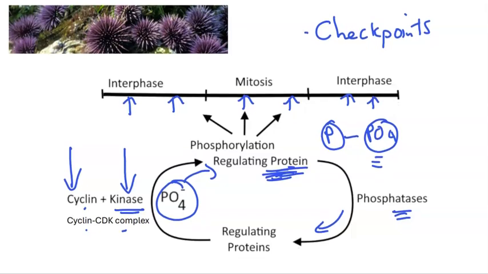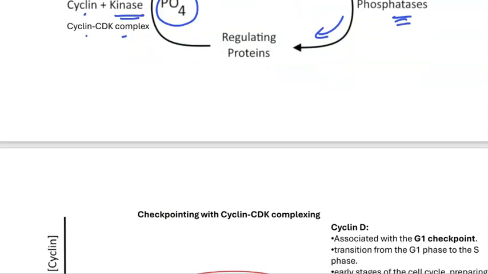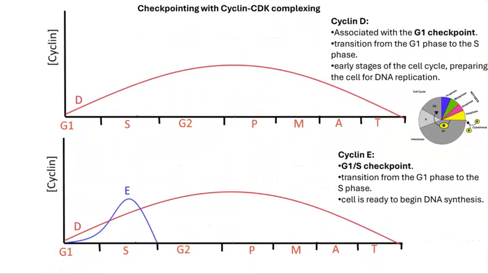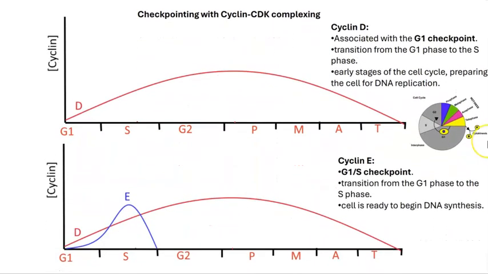So what were the patterns that Tim Hunt found? And so I've tried to summarize these here. We're going to focus in on only 4 of the cyclins, D, E, A, and B. And what he noticed in his data was that cyclin D began the increase in its concentration at the beginning of G1.